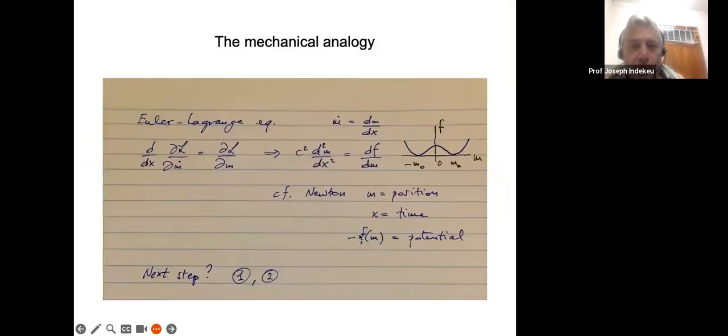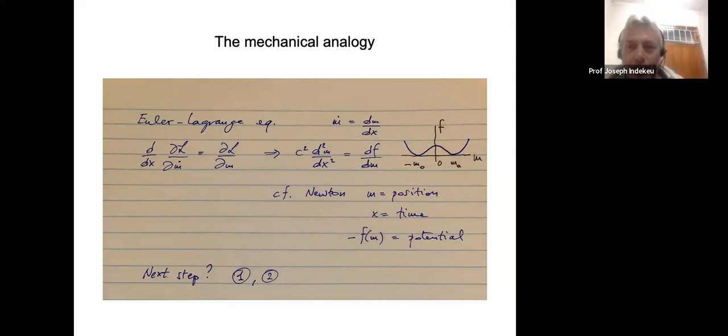If we make the correspondence that m is position in the mechanical analogy, x is time, and minus f is the mechanical potential. So not plus f, but minus f. The upside down of f would have two hills. And the game here is to let the ball roll from the minus m0 hill so that it would end up and come to rest on the plus m0 hill.